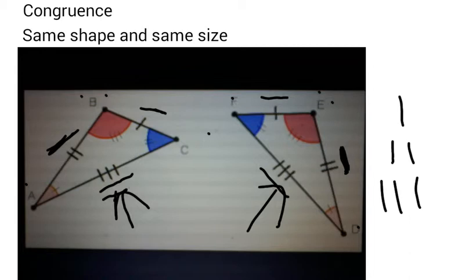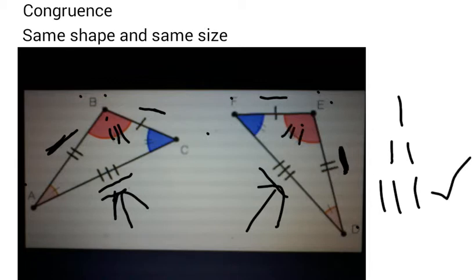There are also some other parts of the diagram that tell us that these two triangles are congruent. These two shapes are the same. We have these angles here. The red ones have the 3 lines on them, which means they are congruent.